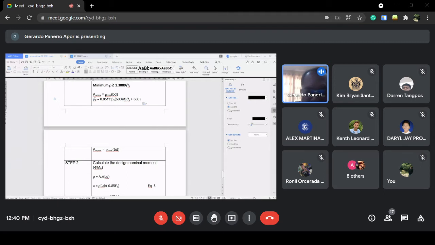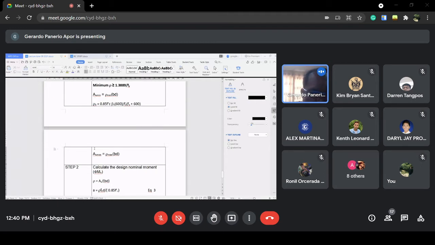Okay, once you have the rho balance, you can calculate the rho max. You can calculate the rho max is equal to the 0.75 of rho balance. Okay.